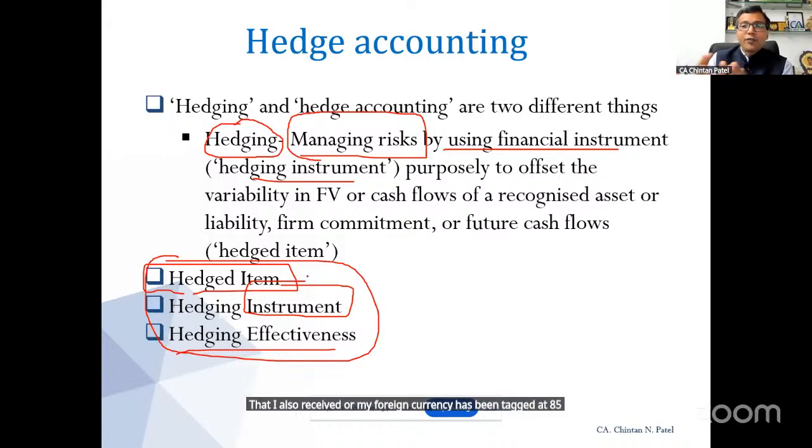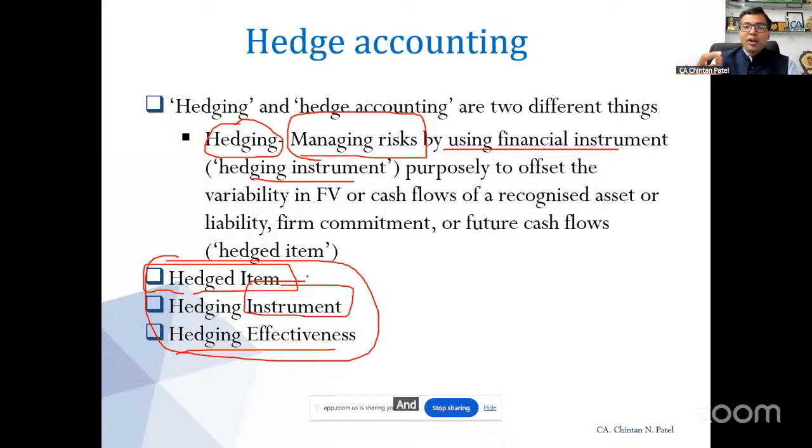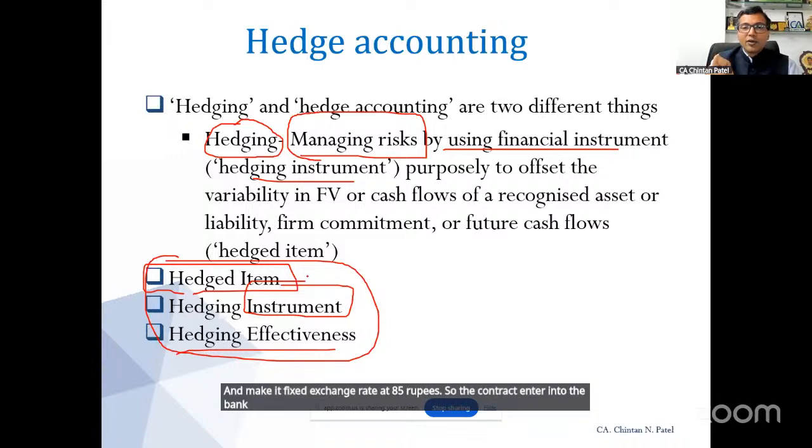So instead of fluctuation at 86, 80, 70, 90, I entered into a contract with the bank that, to match with this particular borrowing repayment, I convert my foreign exchange rate into a fixed exchange rate of 85 rupees. The contract entered into with the bank, wherein my foreign currency risk has been pegged at 85 rupees, is called the hedging instrument.